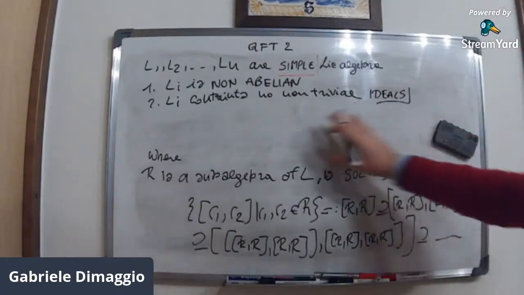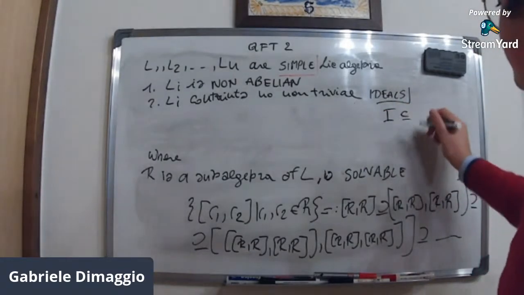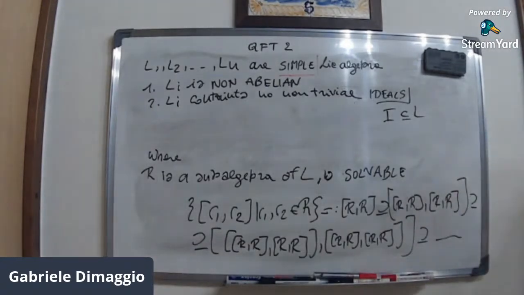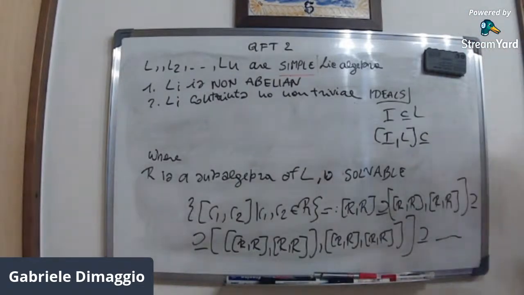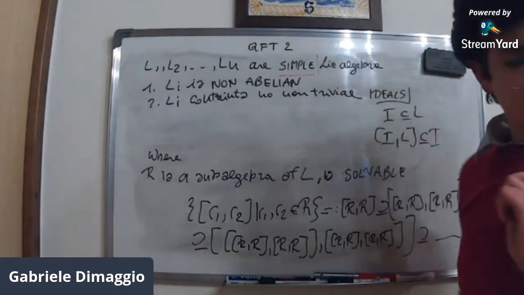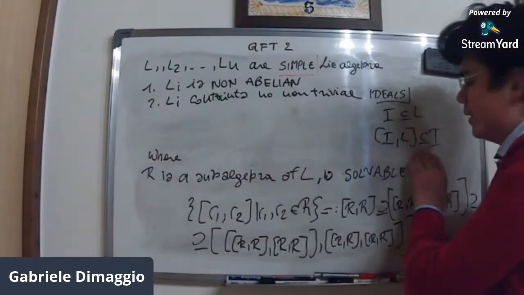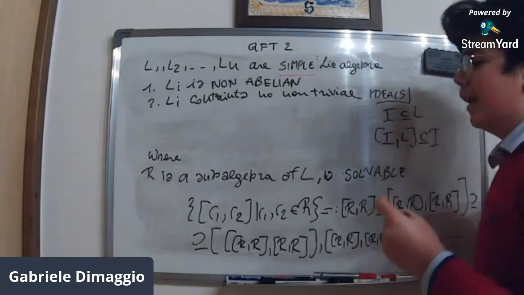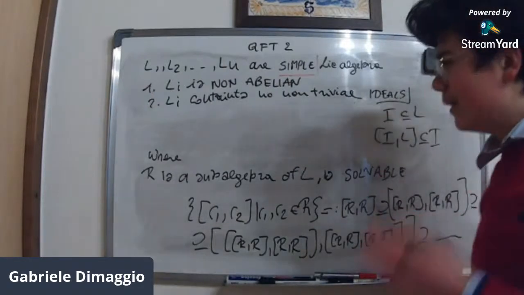What is an ideal? An ideal I is a subset of the Lie algebra L such that the commutator of I and L is a subset of I. I think we've already met this concept of ideal in the third lesson about mathematical methods for quantum mechanics.